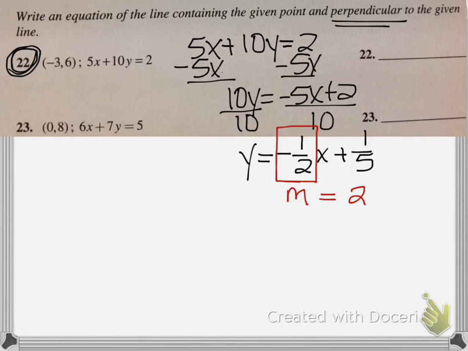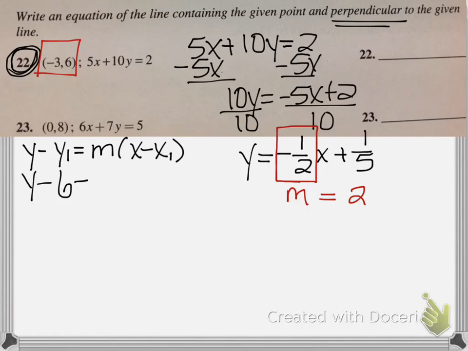So I'm going to use slope of 2 and my point, negative 3, 6, to write a brand new equation. So y minus y1 equals m times x minus x1. So y minus my y coordinate is going to equal my slope of 2 times x minus negative 3, so it's going to end up being plus 3, because minus a negative.